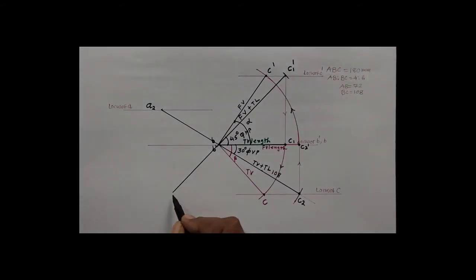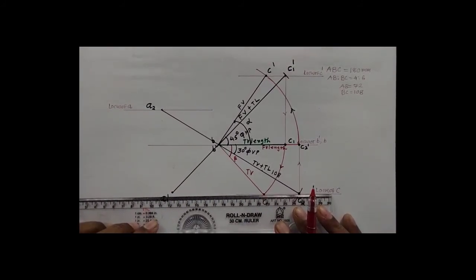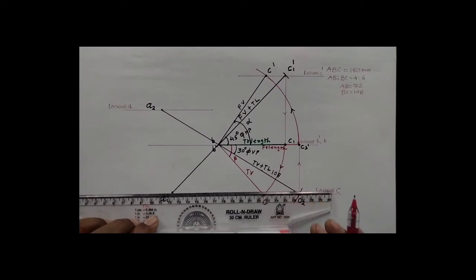So you can get your A1 dash, and from this A1 dash you can draw the locus of A dash.